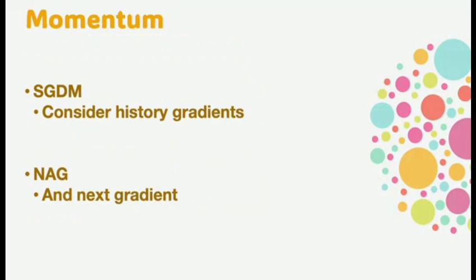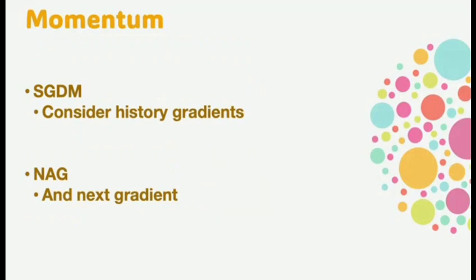The idea of momentum is that when we update the parameters, we consider not only the gradient from the current position, but also the historical gradient. So it will potentially update the parameters faster and reduce the number of iterations.